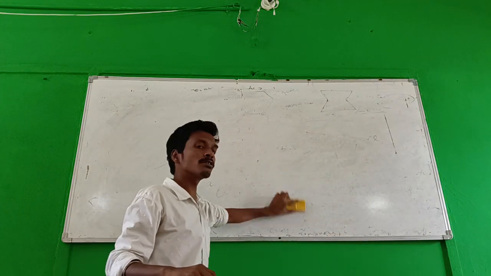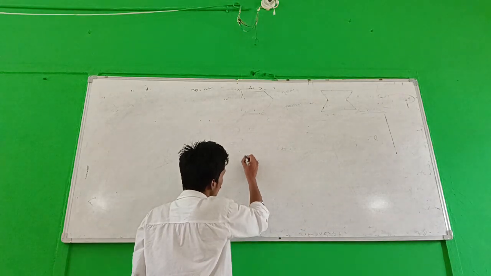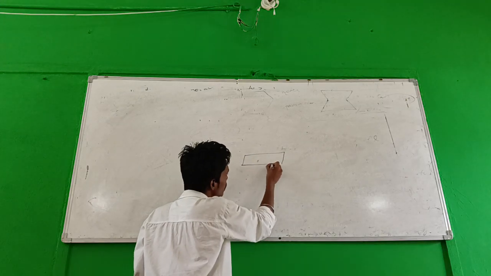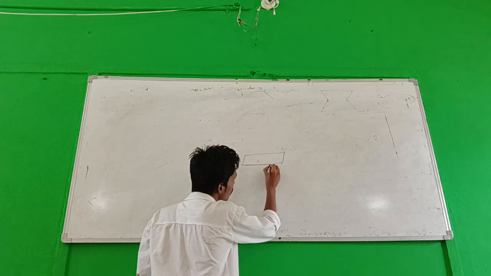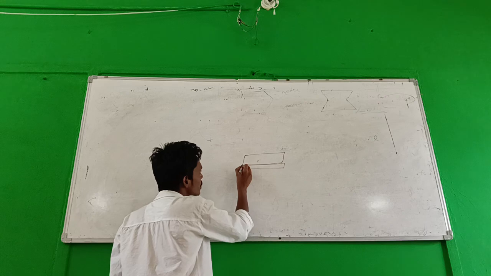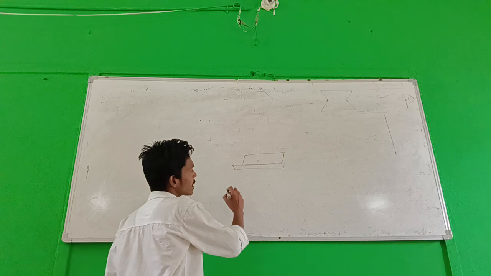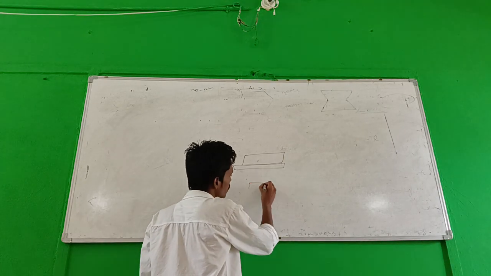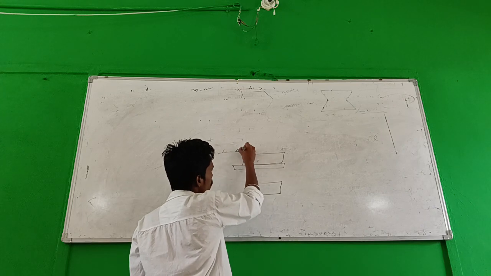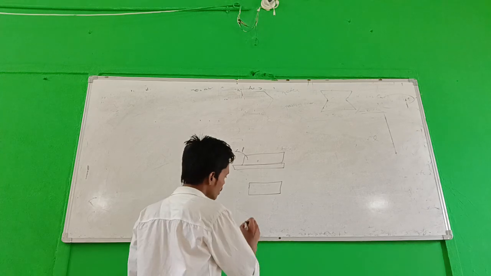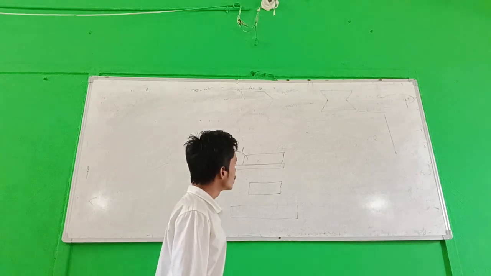Suppose this is a body, this is your roof, and it lies on your beam. This is the free body diagram of this roof, and this is the free body diagram of your beam.